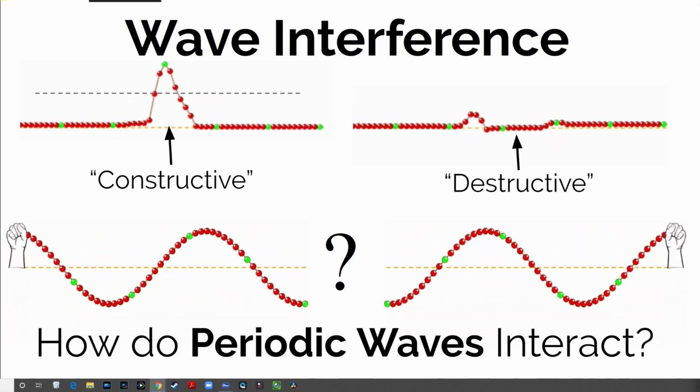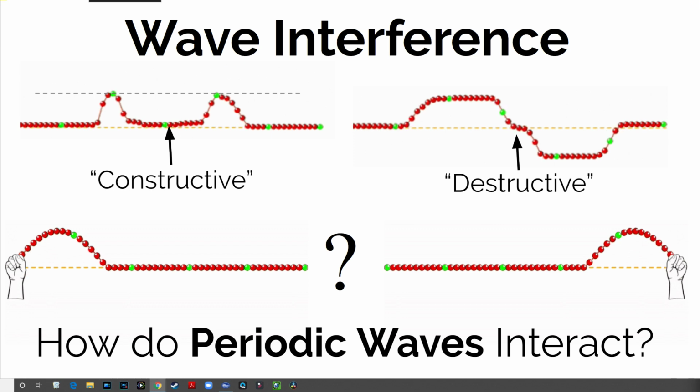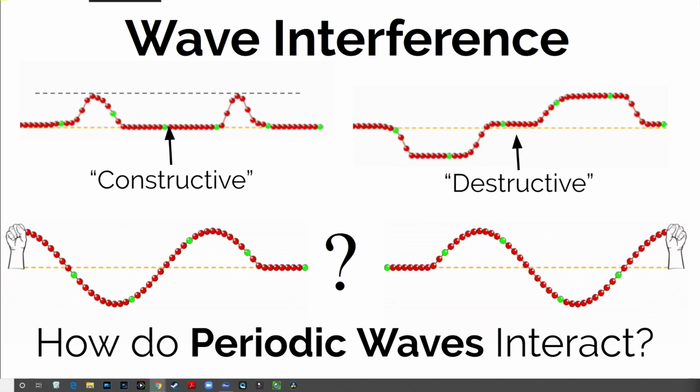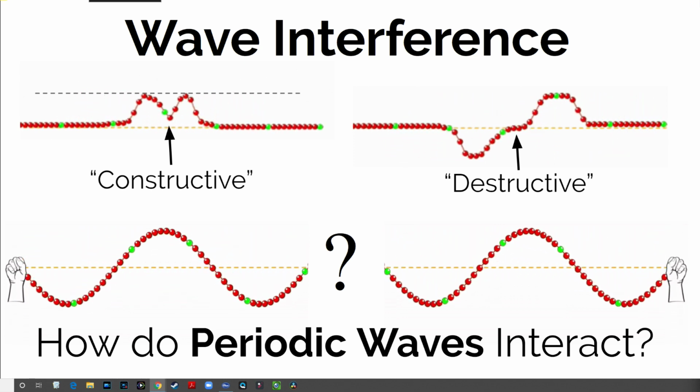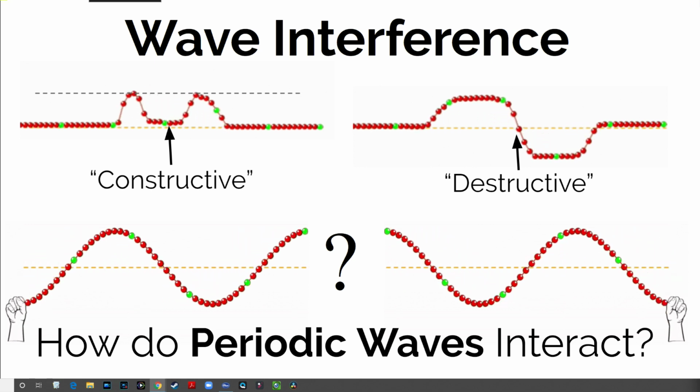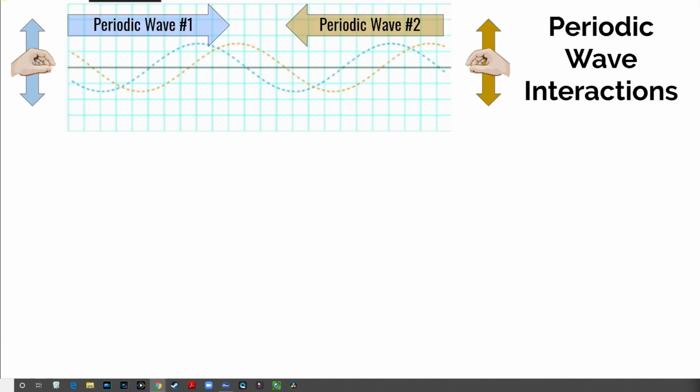And so this video is all about thinking through what gets created by the interaction of two periodic waves moving in opposite directions. So in the top of the screen, I have a little simulation to represent just the situation we've been talking about.